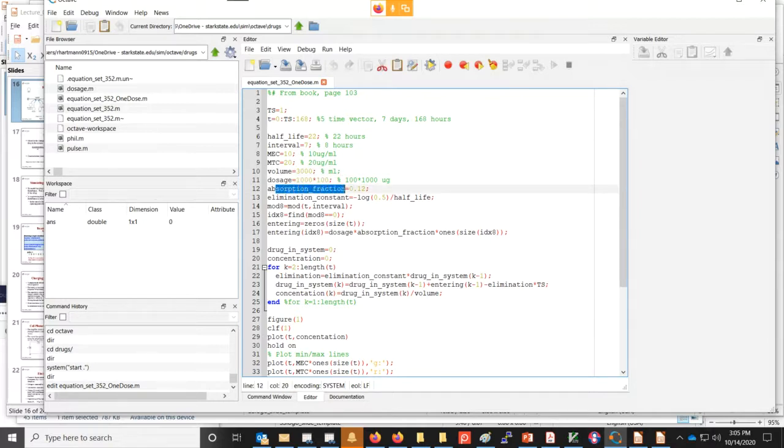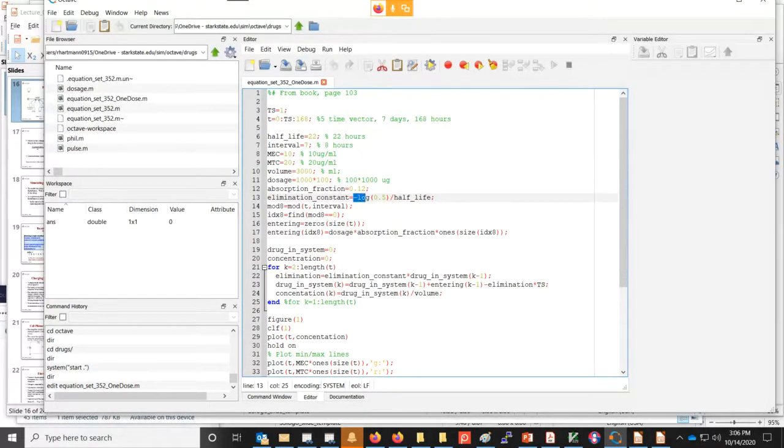Then the absorption factor was given to be 12%. This says that out of the 100 milligrams, or 100,000 micrograms, of drug that we put into our system, only 12% actually gets absorbed into our body. The rest doesn't make it through into the body.